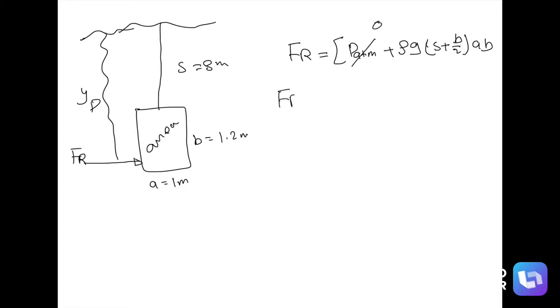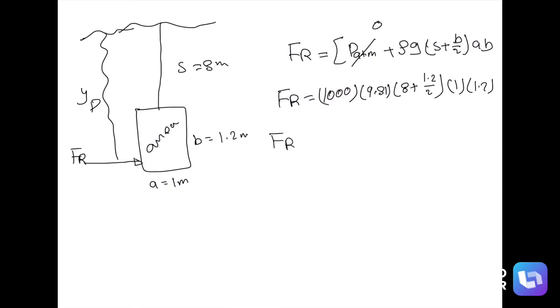So FR equal the density of the water, 1000, times the gravitational acceleration 9.81, times the depth of the centroid, 8 plus 1.2 divided by 2, times the area, 1 times 1.2.